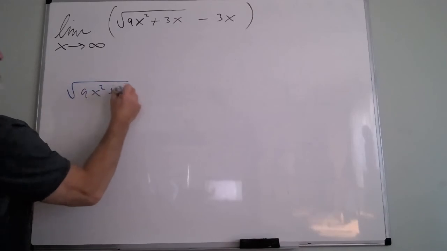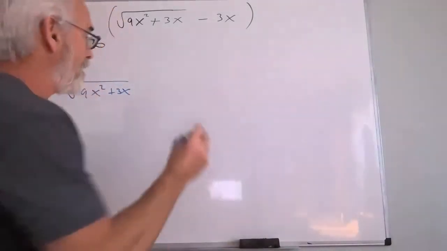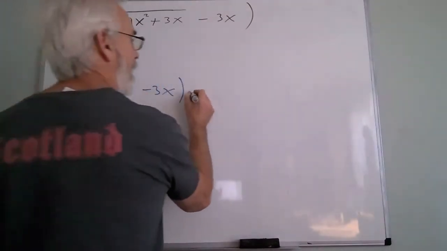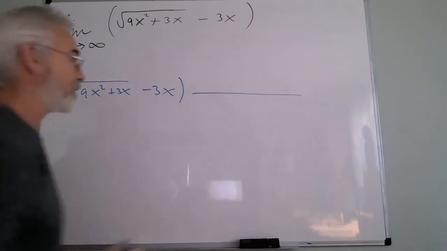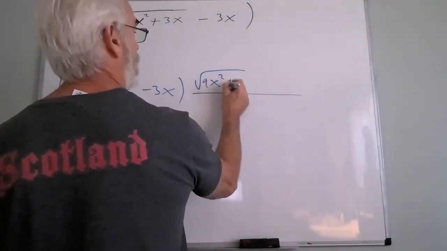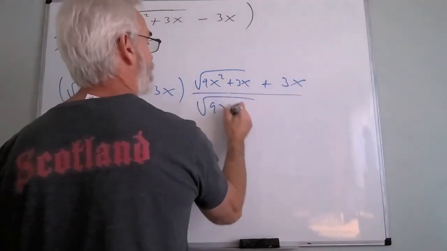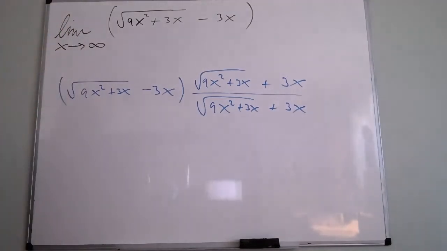I love that idea because even if it doesn't work, it's not wrong. So what if I took this quantity here? And by the way, when we say multiply, we always mean numerator and denominator because I want it to still be equal. And here's why this is such a brilliant suggestion. Not because it's still going to be true, but on the top, I will have gotten rid of all of the roots.